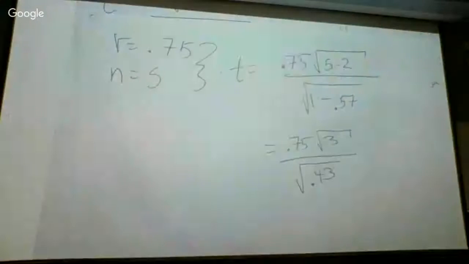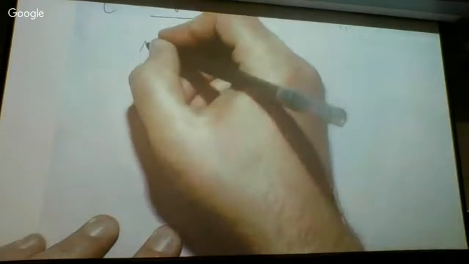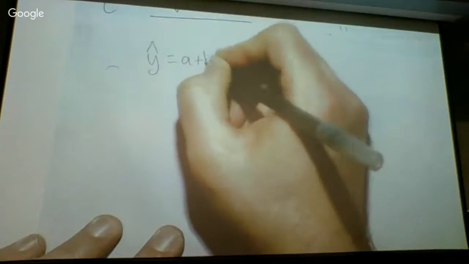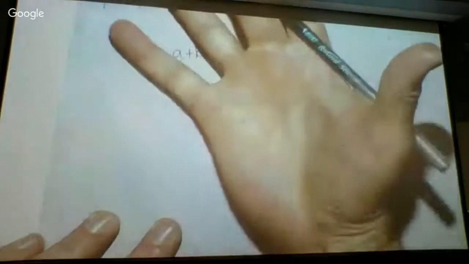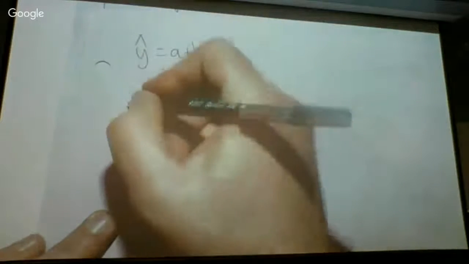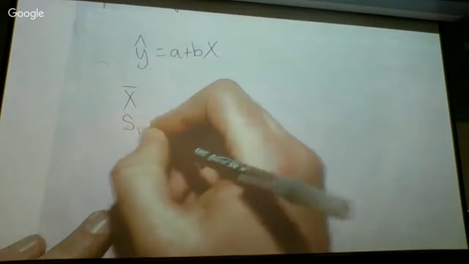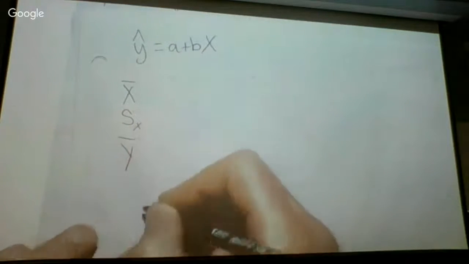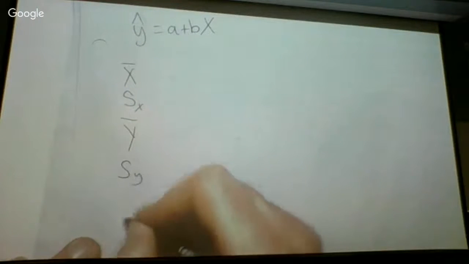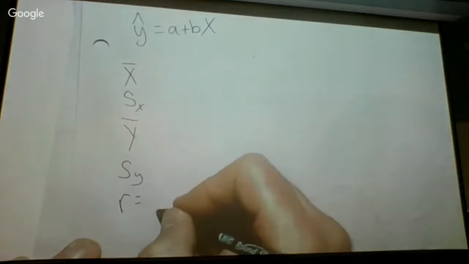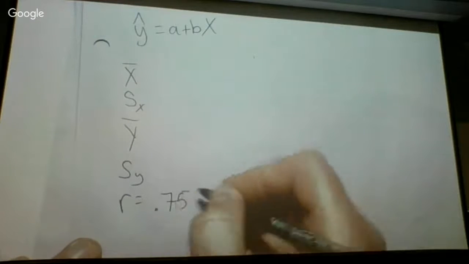So in order to calculate the coefficients appropriately, there are 5 pieces of information that I need. X bar and its standard deviation, Y bar and its standard deviation, and the correlation coefficient, which I've already determined is 0.75.